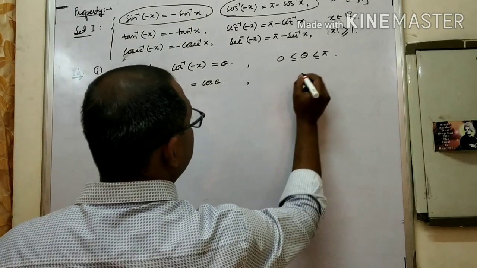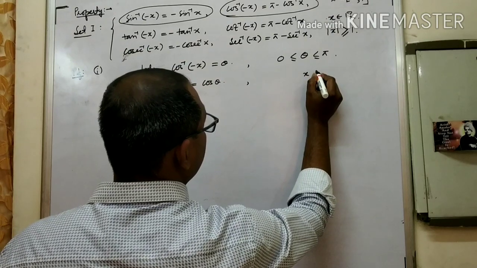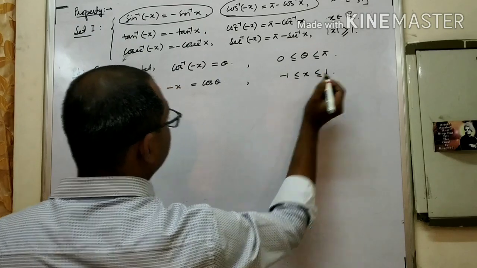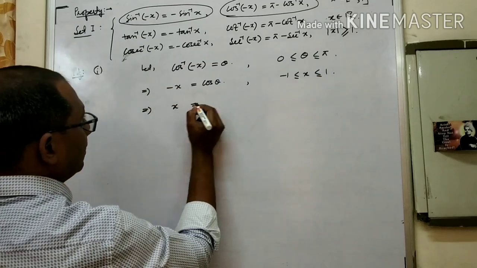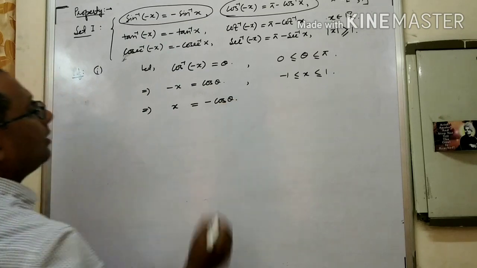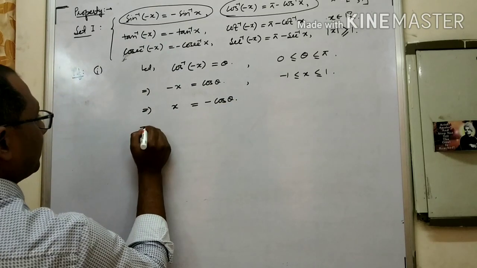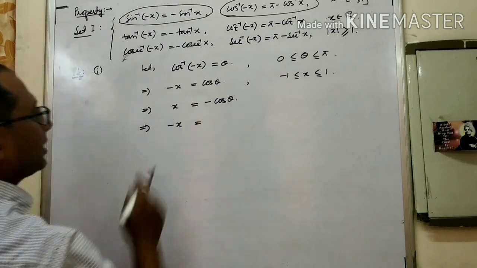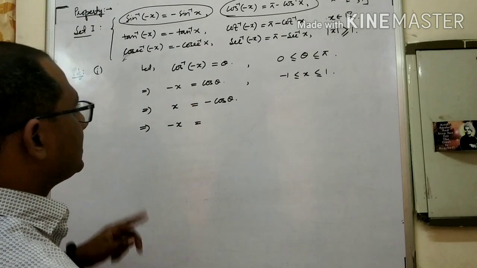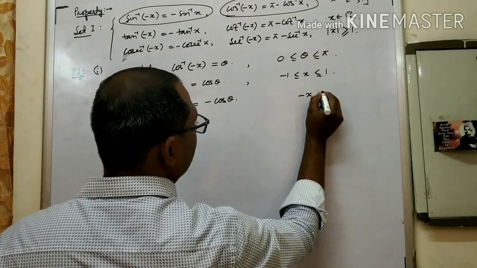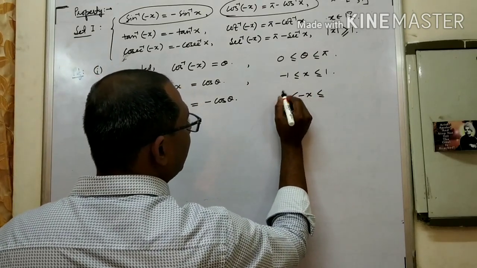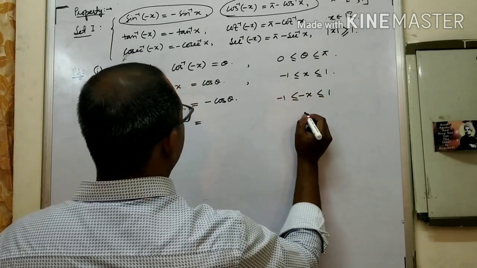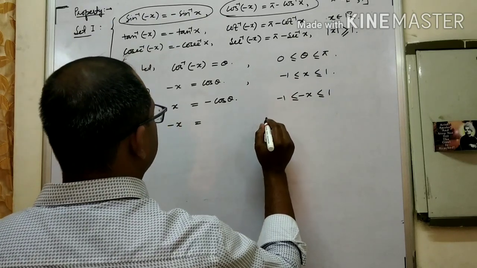Now x is lying between minus 1 to 1. We need minus x before cos inverse of x, so minus x will be equal to cos theta. So we need to know where minus x lies. Minus x is lying between minus 1 to 1 only.